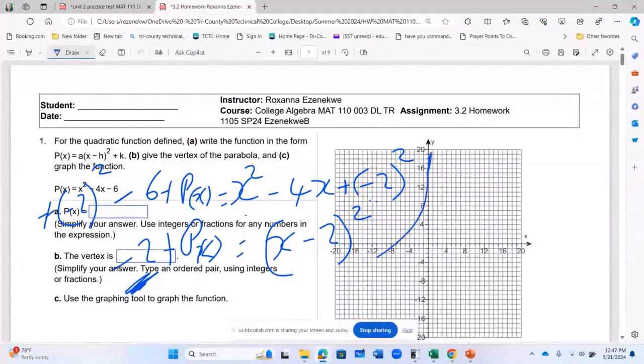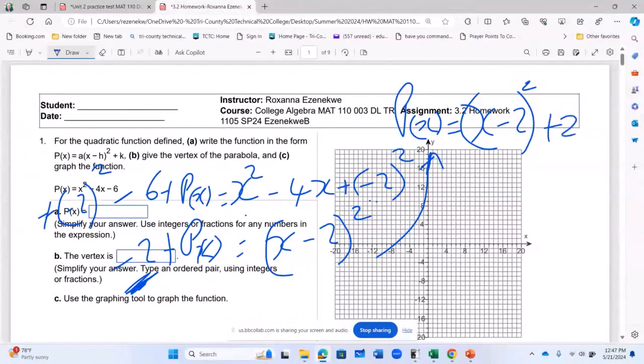Therefore, I have p of x is equal to (x minus 2) all squared plus 2.